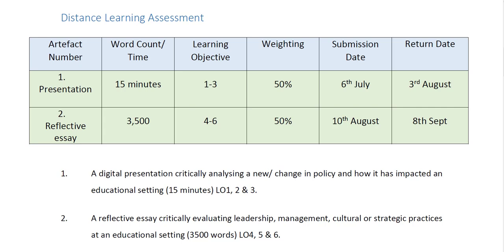Or you could look at a local level policy and how that has impacted the stakeholders, again staff, students and parents. Or you can do a combination of the two: how a national level policy has impacted and shaped a local level policy within your institution, and therefore how this change in policy has impacted students, staff and parents.